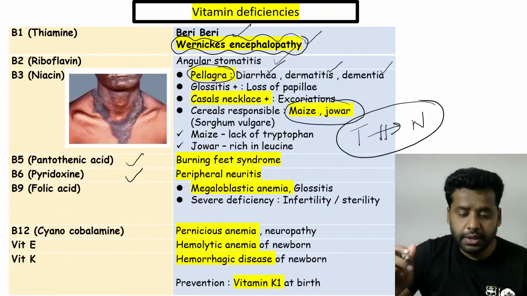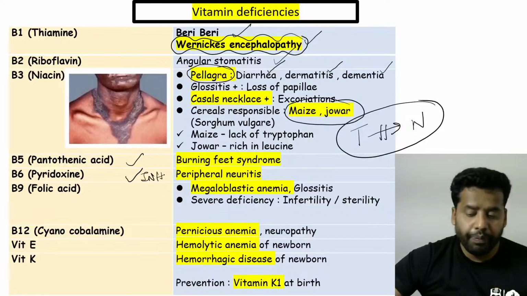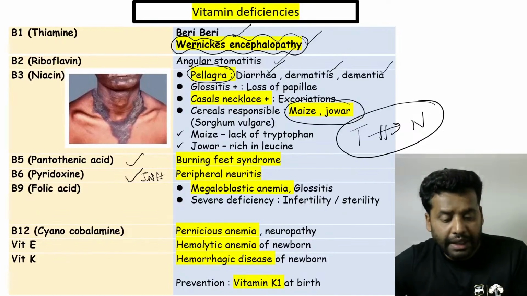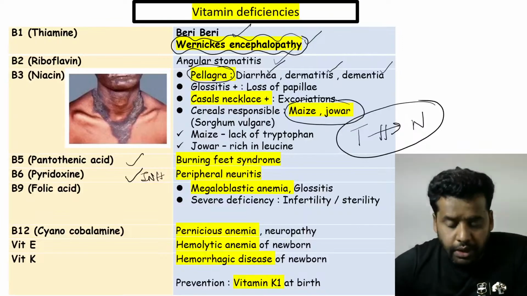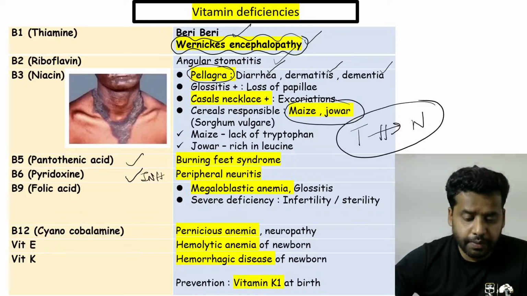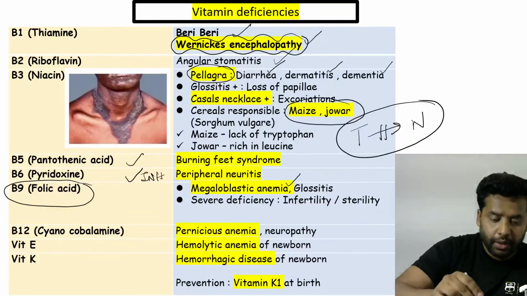But the question is, isoniazid will cause B6 deficiency. For a patient on TB treatment, they'll frame a question like this: tingling sensation in the feet, what drug is responsible? Isoniazid. What supplements should we give? B6 supplements.